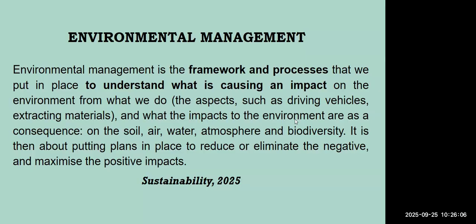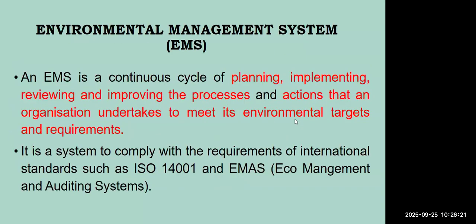I think someone spoke about plans, etc. Right? So I'm going to share with you two definitions of an EMS. Firstly, an EMS is a continuous cycle of planning, implementing, reviewing, and improving the processes and actions that an organization undertakes to meet its environmental targets and requirements, right?